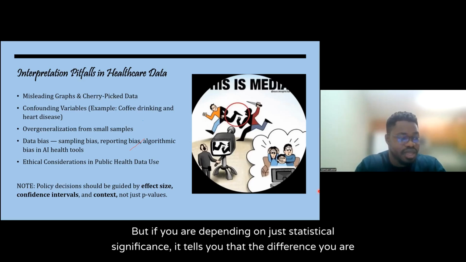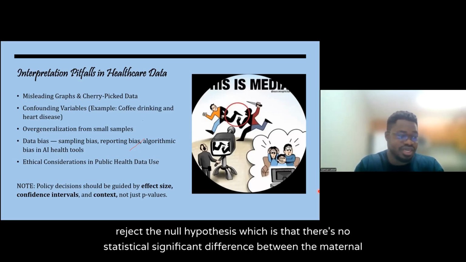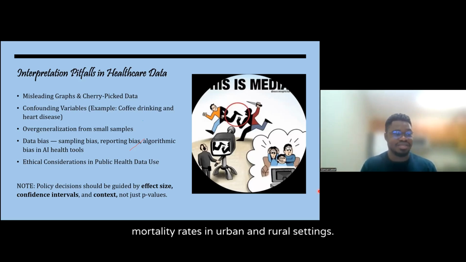But if you're depending on just statistical significance, it tells you that the probability that the difference is happening by chance is greater than 0.05. And as such, you fail to reject the null hypothesis, which says that there's no statistically significant difference between the maternal mortality rates in urban and rural settings.